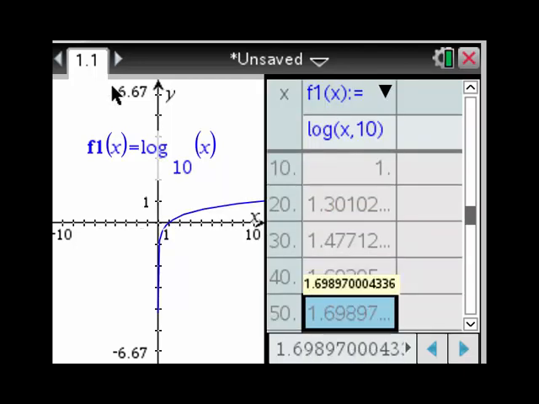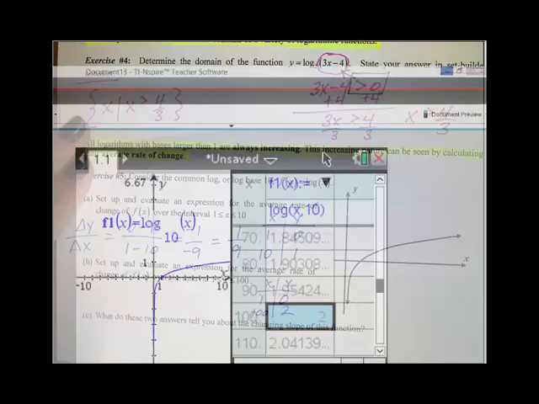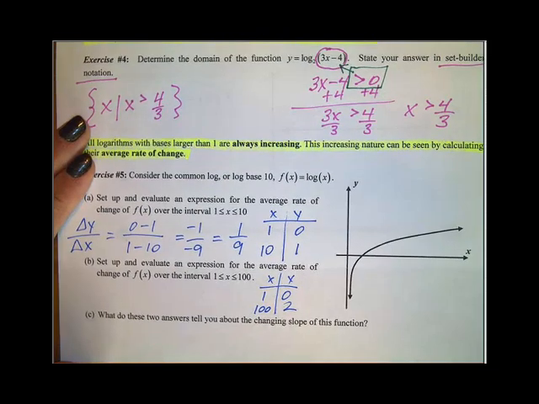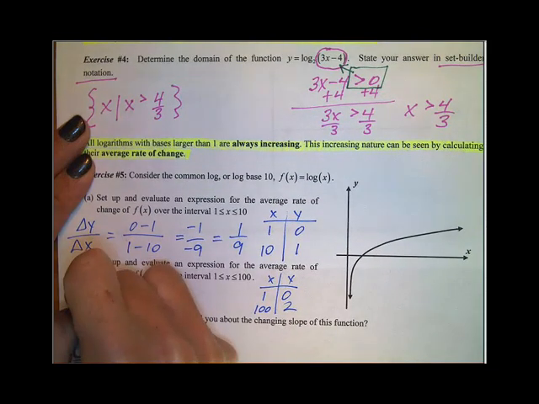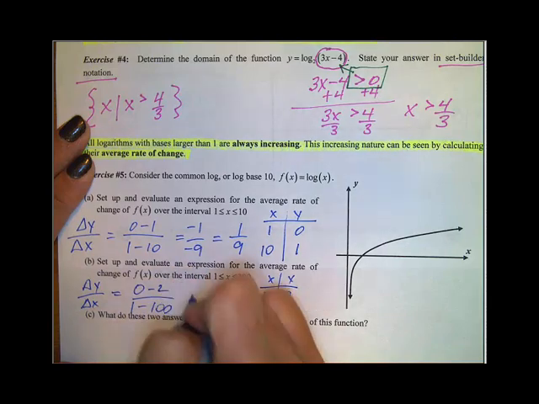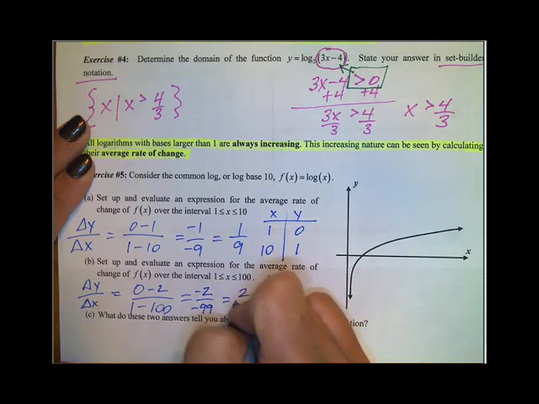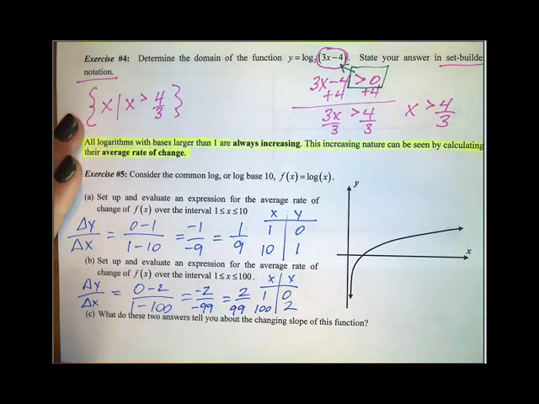We'll get there faster. So our 100 value is 2, which I should have known, because 10 to what power is 100? 2. So now we have our change in y over our change in x. So we have 0 minus 2 over 1 minus 100. So we have negative 2 over negative 99, which is 2 over 99, both positive.